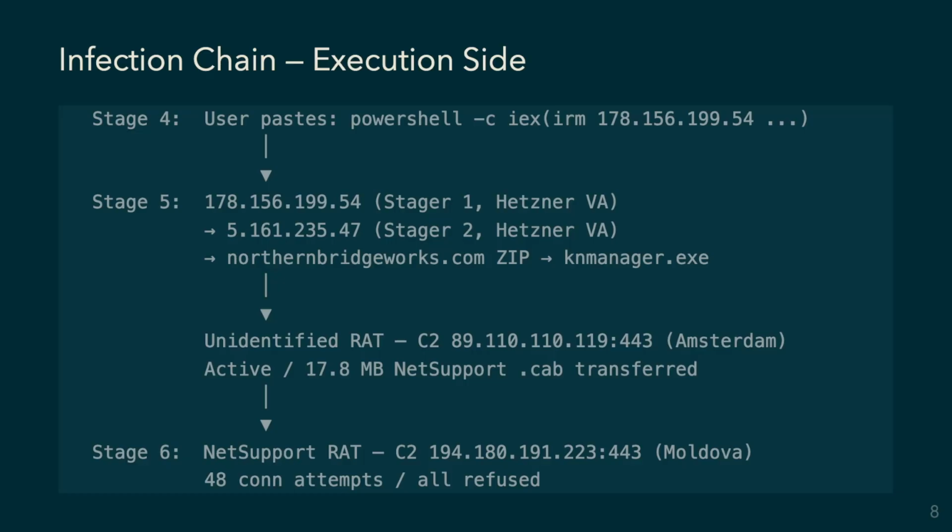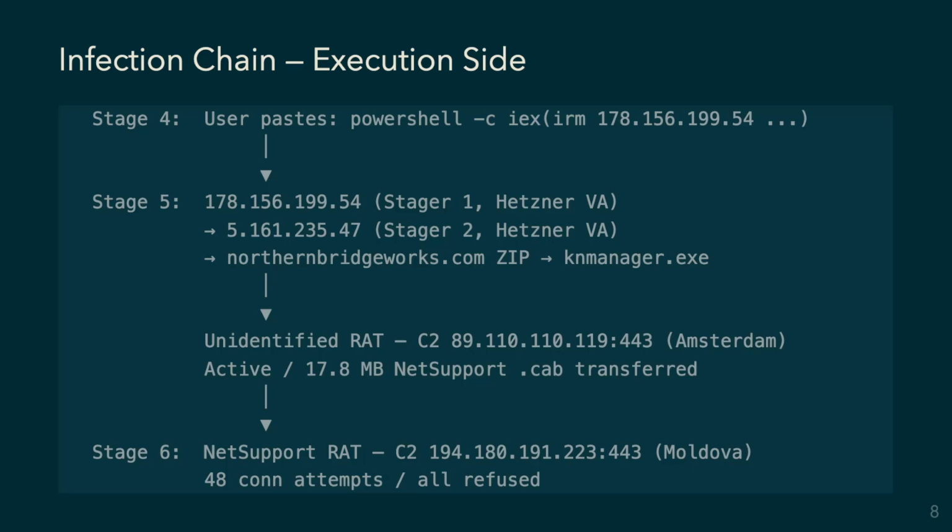Then the child reaches out to this 5-dot address, and you can see it on your slide there. Stager 2, same Hetzner subnet, and this returns a system maintenance utility script. That's what it says in the comments. Yeah, sure it is. It creates a folder under the local app data directory with a random-looking subdirectory.